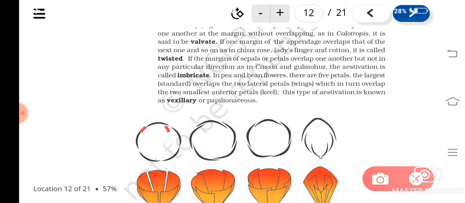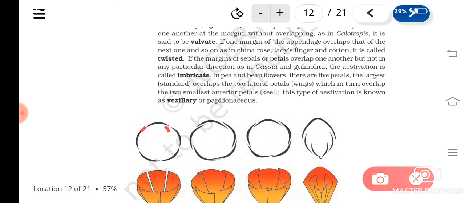In twisted, one margin of one appendage, and appendage means sepal or petal, overlaps that of the next one, and then the next one overlaps the other one. Likewise, if you take one petal, one side will be out and another side will be in. Then in imbricate, how is it?